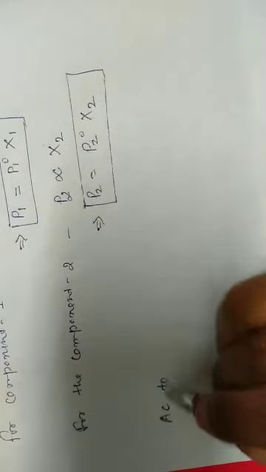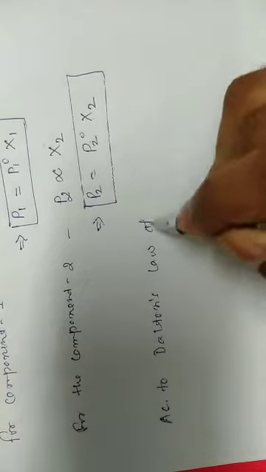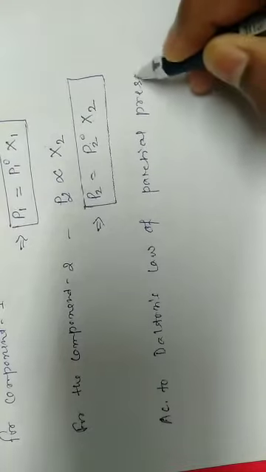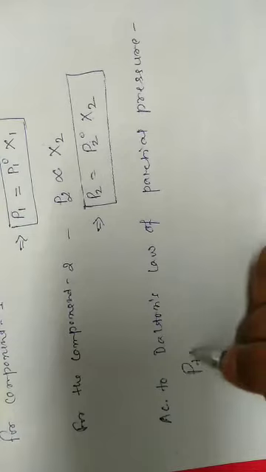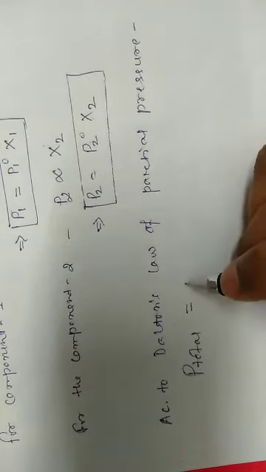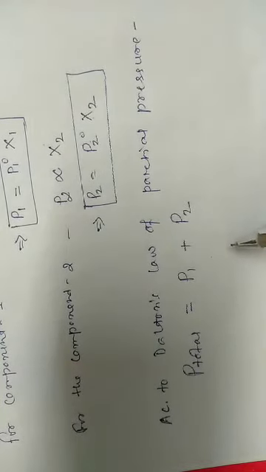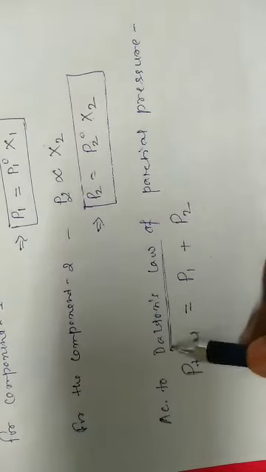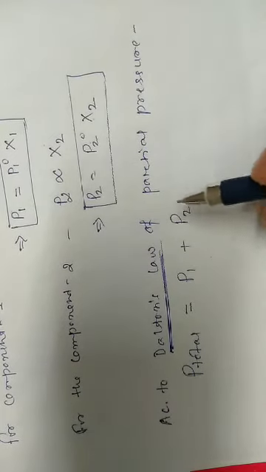Now, according to Dalton's law of partial pressure, the total vapor pressure in the above solution is P total equals P1 plus P2. We discussed Dalton's law in the states of matter chapter in class 11.